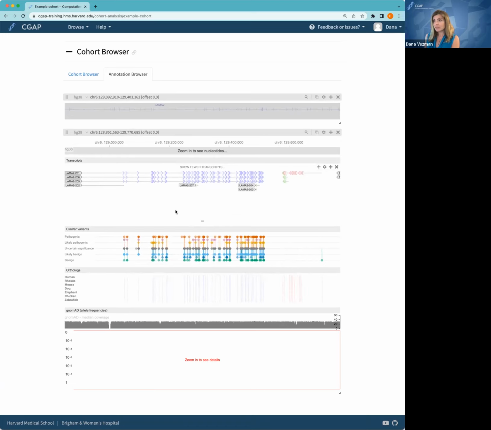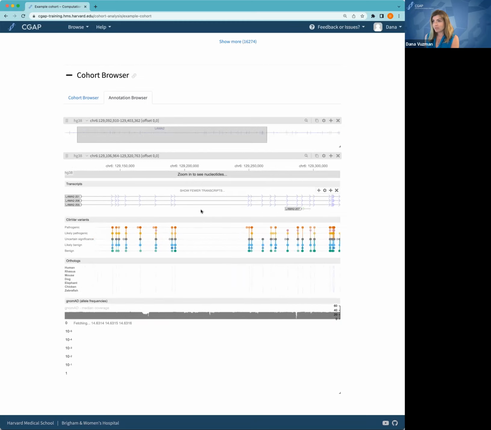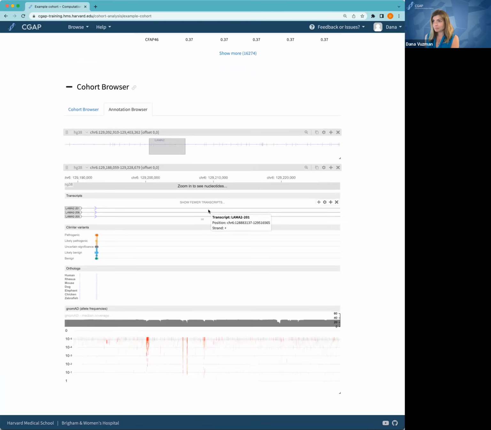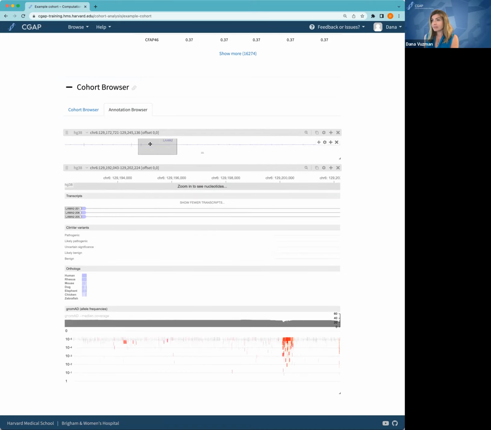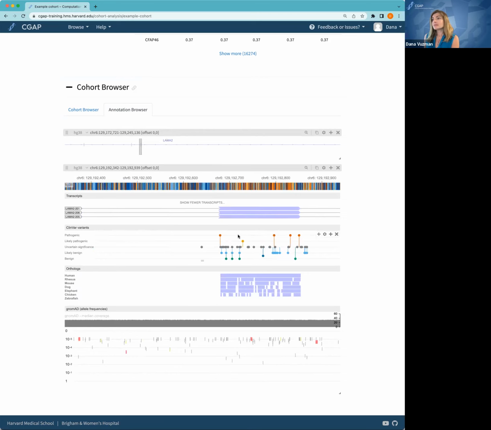And we can zoom in a little bit more to learn more about that and focus on a specific exon, for example. So here we can go to information that would provide us with information about a specific exon.